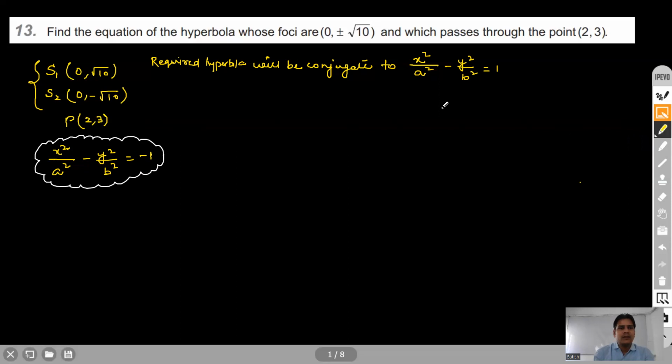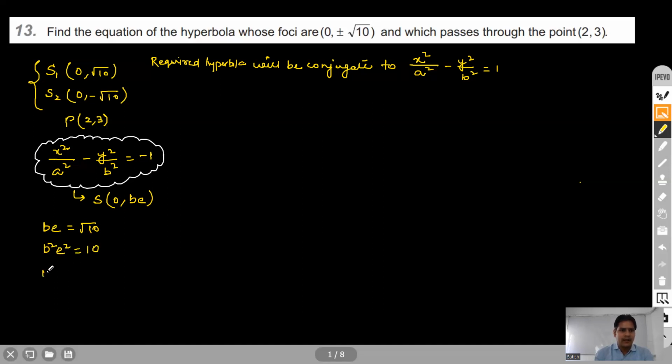What is the focus of this hyperbola? We used to give the focus by 0, be. So we can say be is equal to root 10. I am taking one focus only. Square it, we will have b square e square is equal to 10.